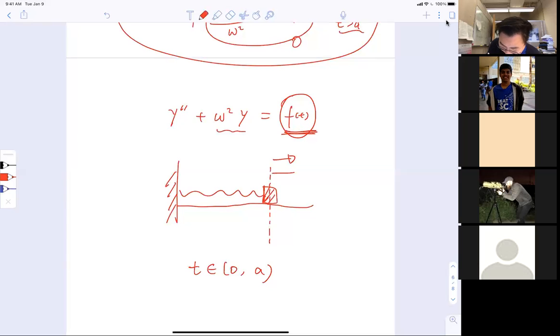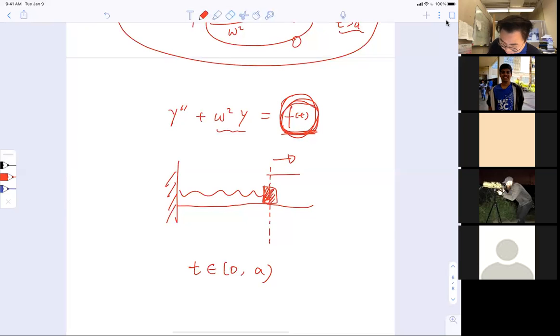In this case, there are two forces. One is the external force, f of t, and there's another spring force. So the motion of this object is the result of those two forces.